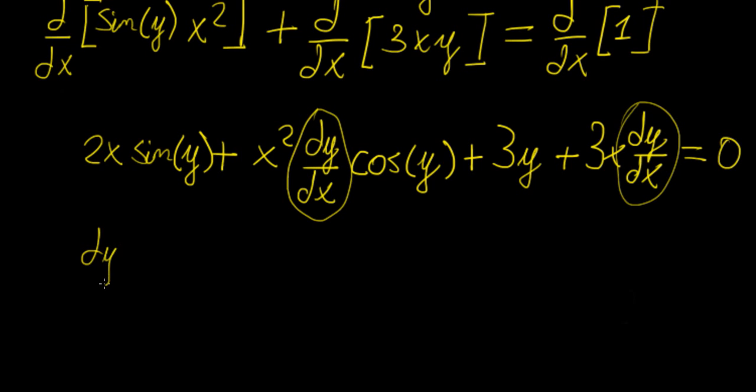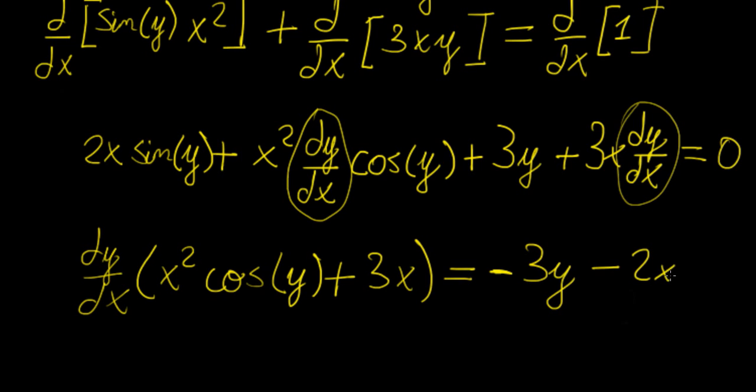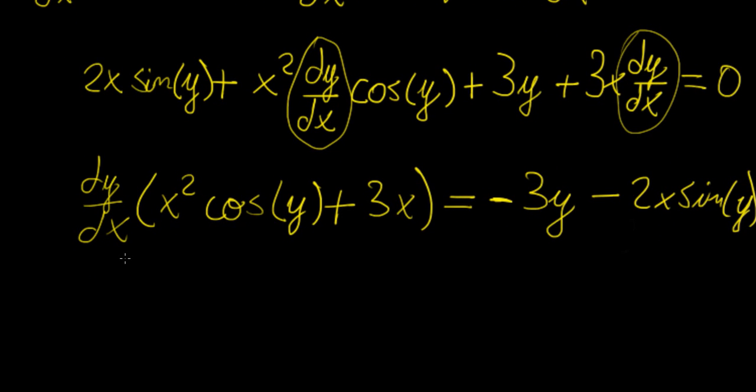So we're going to have dy dx times x squared cosine of y plus 3x, and if we move the other terms to the other side, we're going to get minus 3y minus 2x sine y. So now if we take this term divided on the other side, we get the implicit derivative.